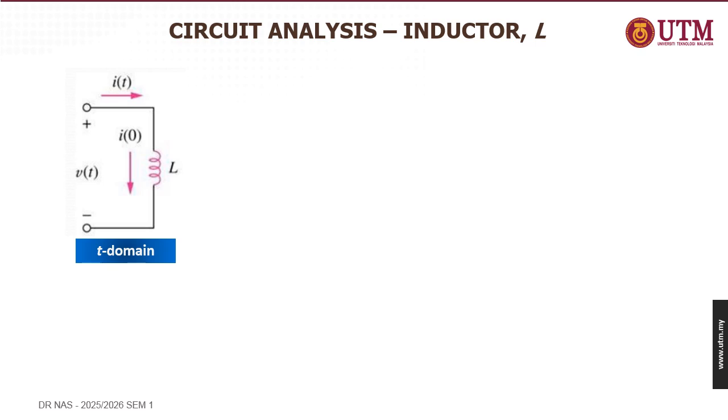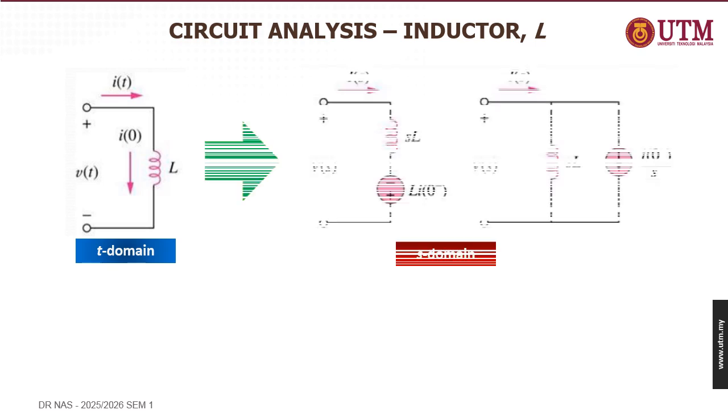Okay, next, when we have an inductor in your circuit, this is the time domain representation of a circuit including a single inductor. As earlier, you need to convert the circuit into an s domain function.